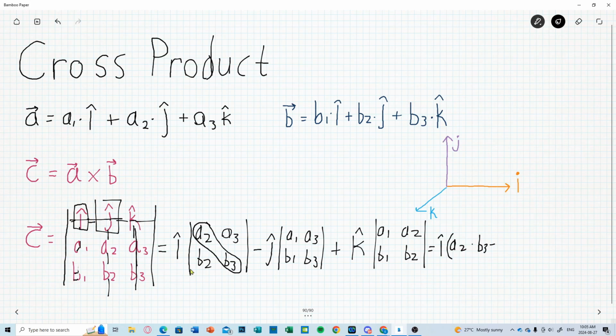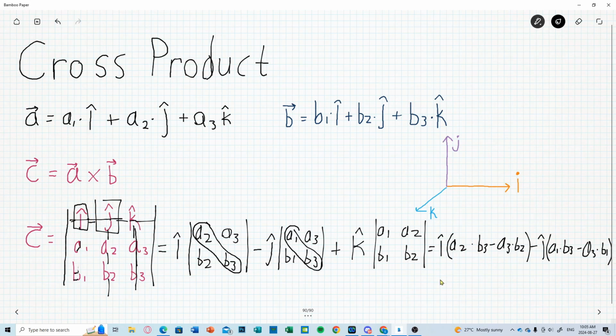minus a3 multiplied by b2. And then we're going to have minus j being a1 multiplied by b3 minus a3 multiplied by b1.